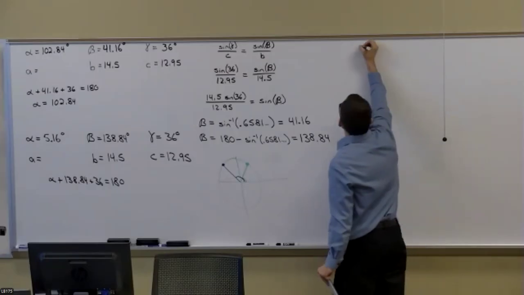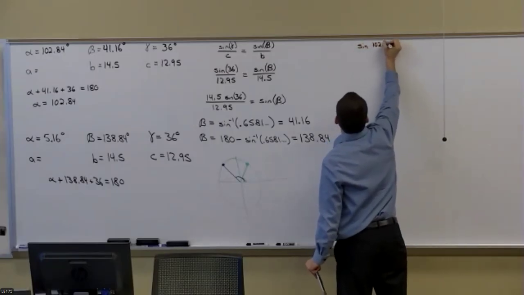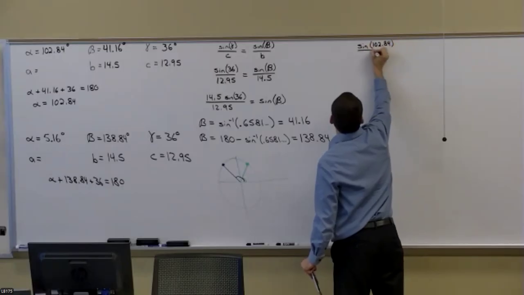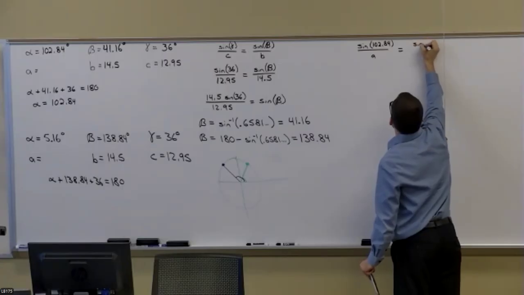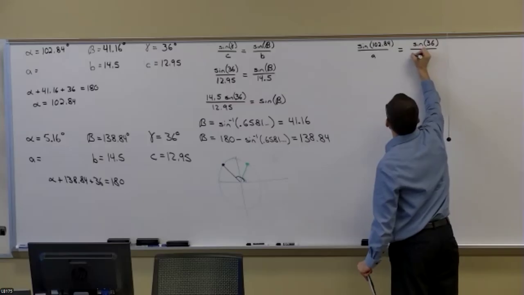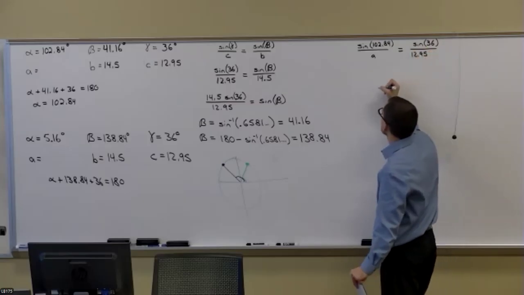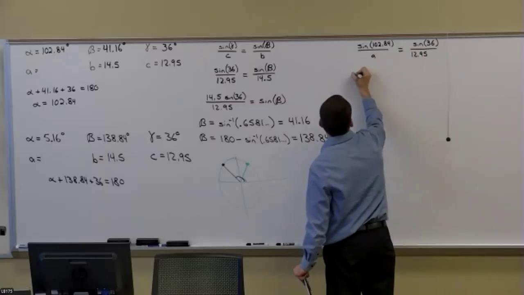All right. Sine of 102.84 over A is equal to sine of 36 over 12.95. I'll use the non-rounded numbers. I should probably have written it backwards.